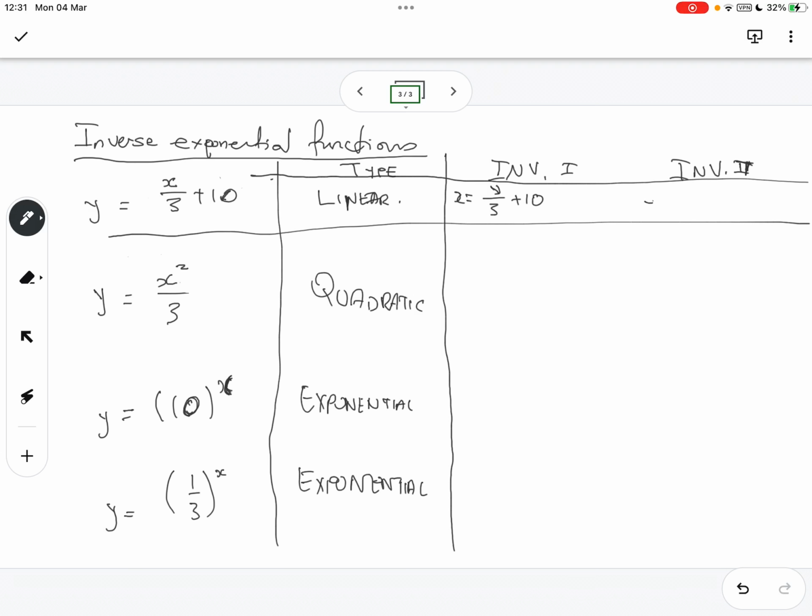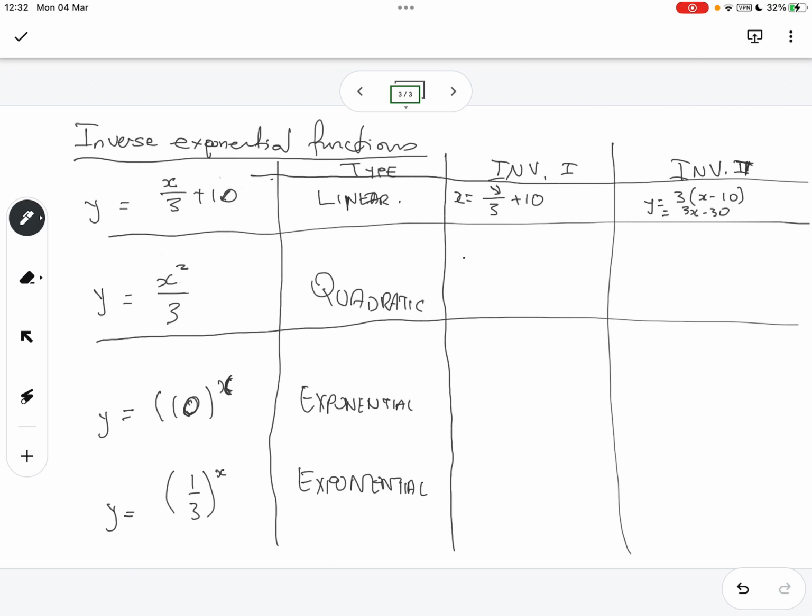So it becomes x minus 10, and then we multiply by 3 over 1, which is 3x minus 30.